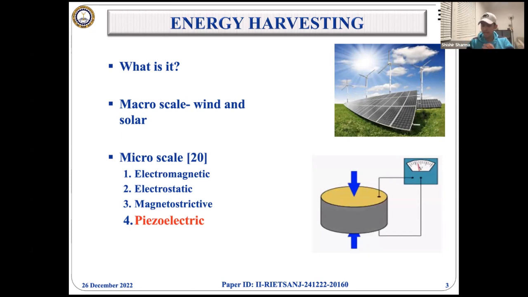Energy harvesting is a process by which energy is derived from external sources and stored and captured for smaller wireless devices. Basic illustrations on the macro scale are wind and solar. The one that we use in this project is piezoelectric, but a few common examples are electromagnetic, electrostatic, and magnetostrictive. Piezoelectric is the one that we used for this research paper.